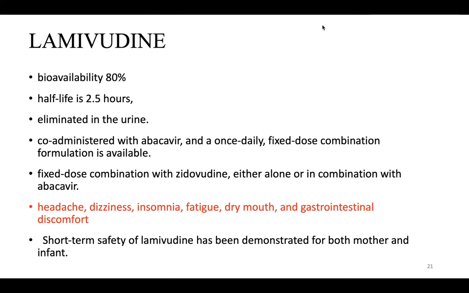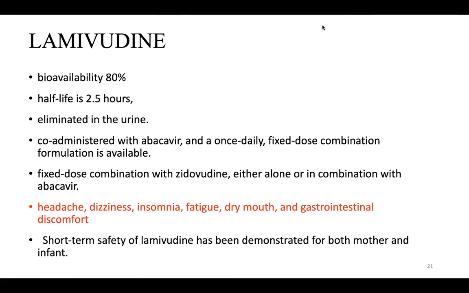Serum half-life is 2.5 hours, whereas the intracellular half-life of the triphosphate compound is 11 hours. Most of the drug is eliminated unchanged in the urine. Lamivudine is often co-administered with abacavir, and a once daily fixed dose combination formulation is available.